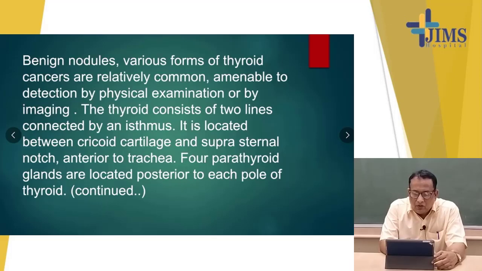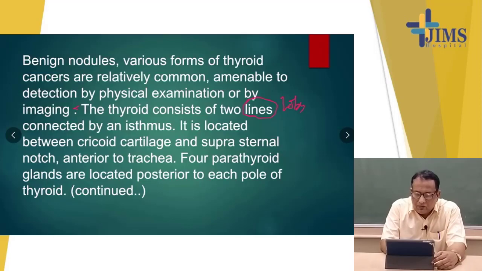So there may be nodules of the thyroid gland of various forms, and that may give rise to cancers which are amenable to detection by physical examination or by imaging. The thyroid consists of two lobes, lobes, not lines, connected by an isthmus.